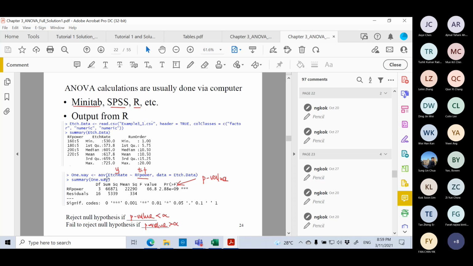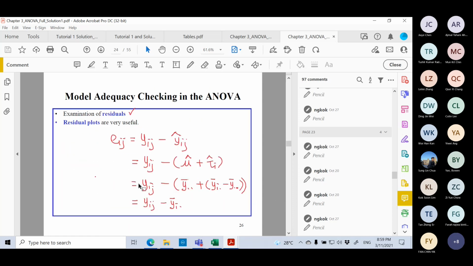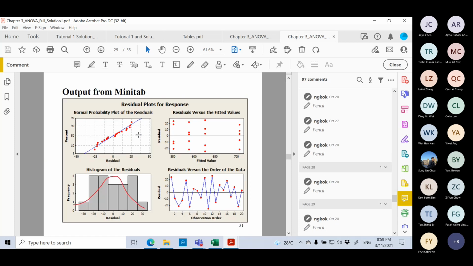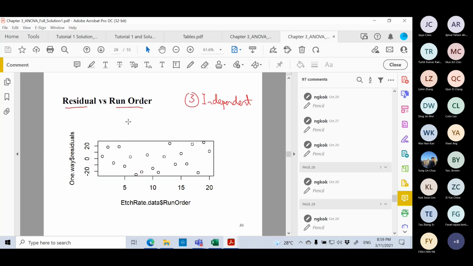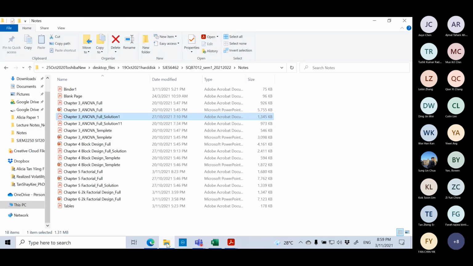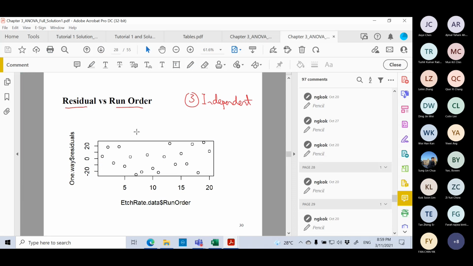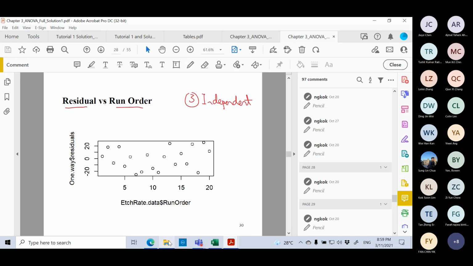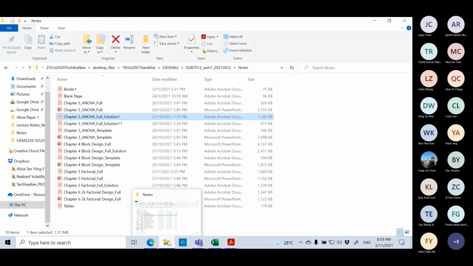Then you take the summary of the ANOVA, the one-way ANOVA, and then you can already get your ANOVA table. After that, you just use a command called plot. I don't give you the line here. The line is maybe just plot. Let me check.